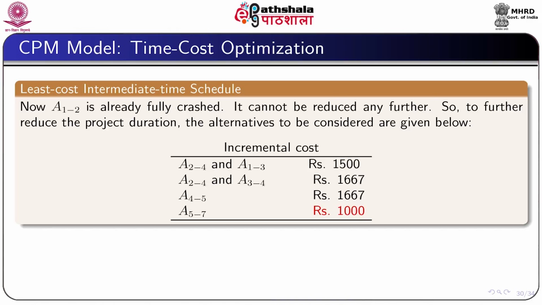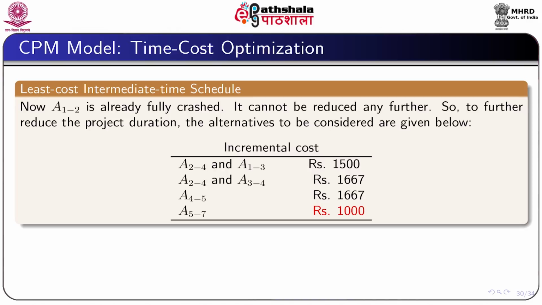Now, A12 is already fully crashed, as I mentioned, it cannot be reduced further. So, to further reduce the project duration, the alternatives are to be considered as shown in the slide. Activity 2 4 and 1 3, activities 2 4 and 3 4, activity 4 5 and activity 5 7.